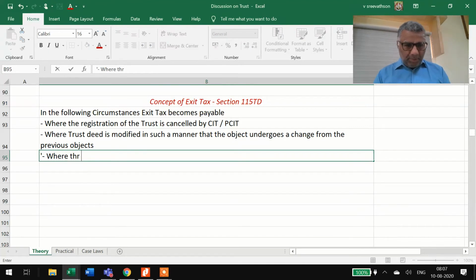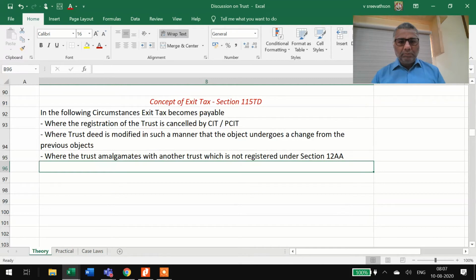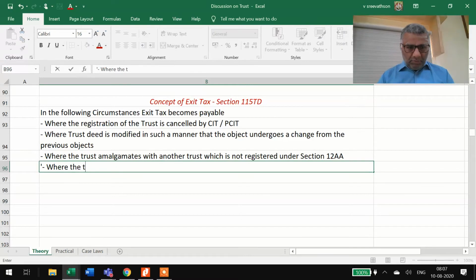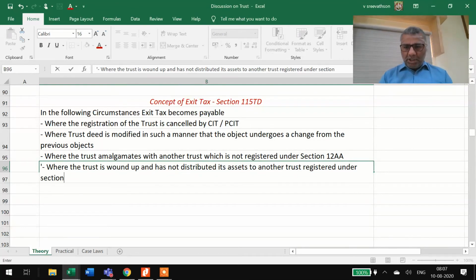Where the trust amalgamates with another trust which is not registered under section 12AA. Where the trust is wound up and has not distributed its assets to another trust registered under section 12AA within specified time.